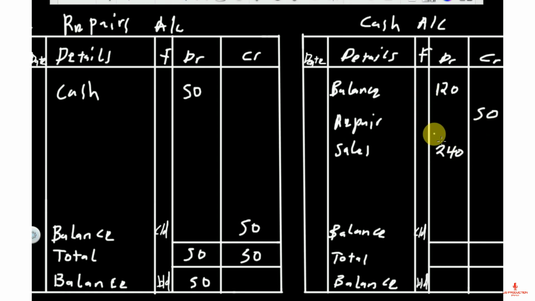So we're going to say 240 plus 120 there. The answer is 360, and we're going to record that on both sides. And we're going to say 360 minus 50 to find our balance carried down, and that's going to be 310 on the credit side. And if it is brought down there, our balance brought down is going to be 310 on the debit side.